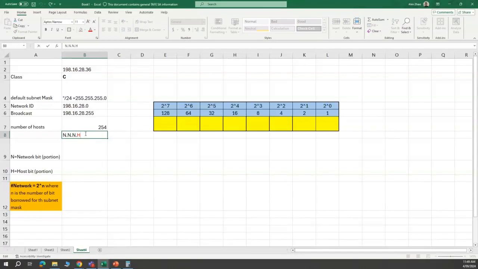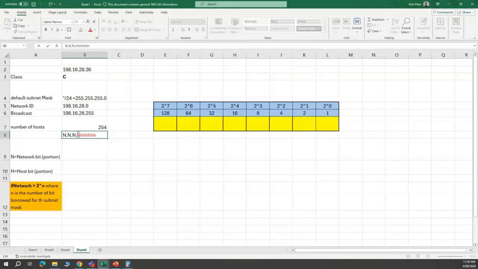So really, instead of these capital N's and capital H's, each of those large N's or large H's is really 8 little bits, isn't it? So what we're saying here, bits borrowed, is we're taking the host bits and making them into network bits.